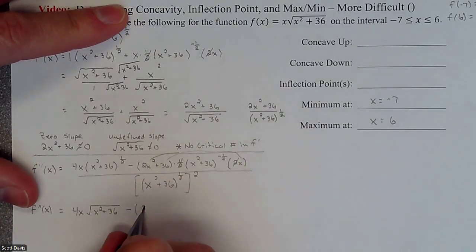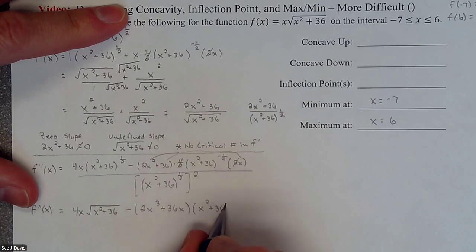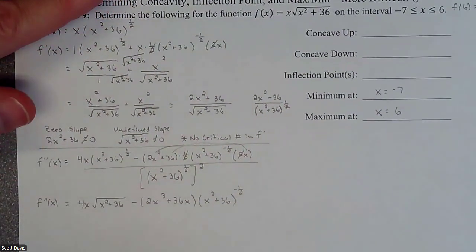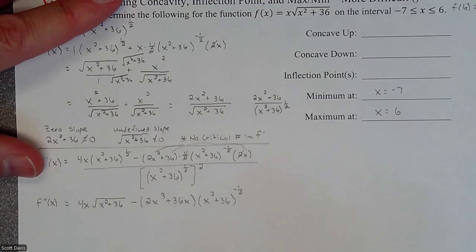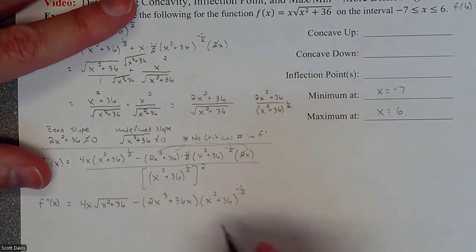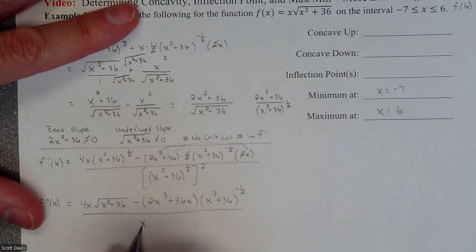So that would be a 2x cubed plus 36x. And then this piece, x squared plus 36 to a -1/2 power. We're going to move that, but we're going to mess with that in a second. And then that's all going to be divided by our cleaned up x squared plus 36.